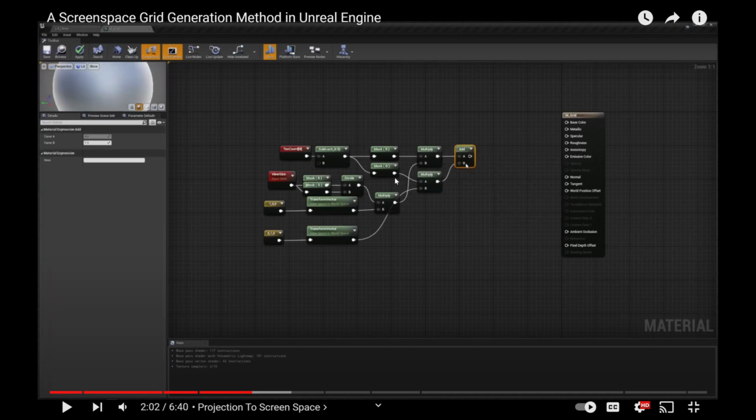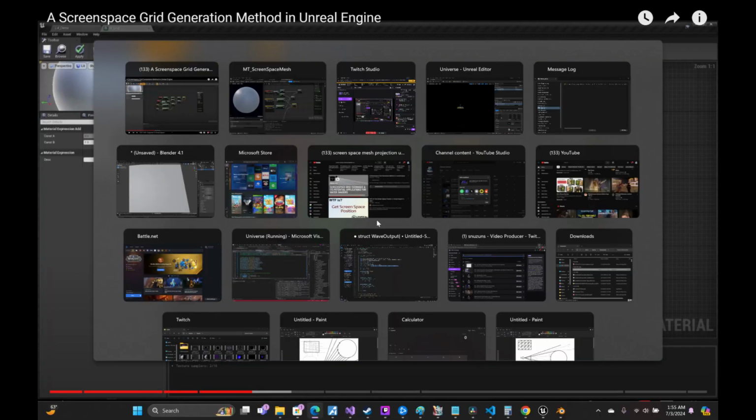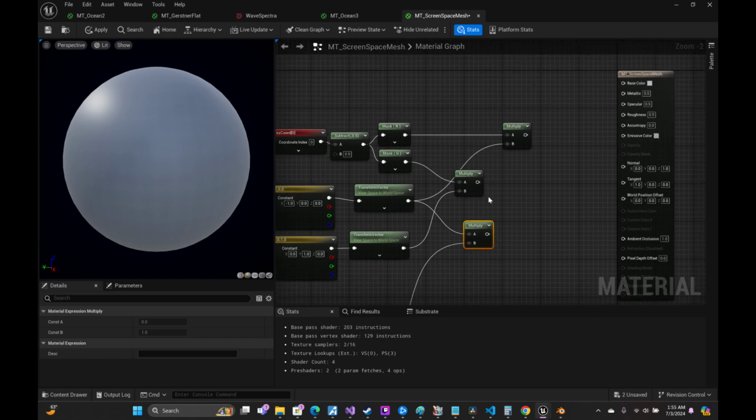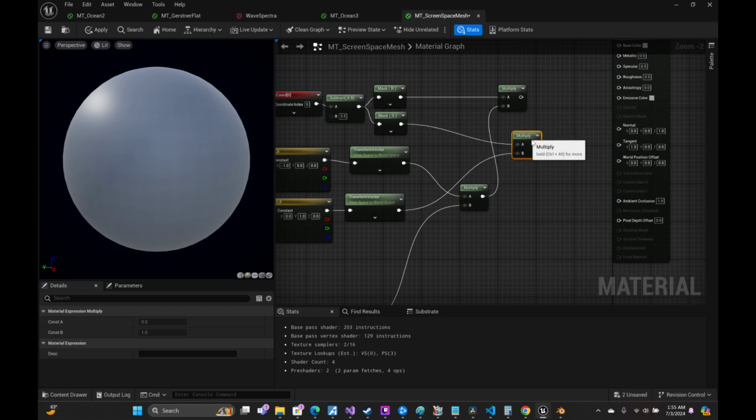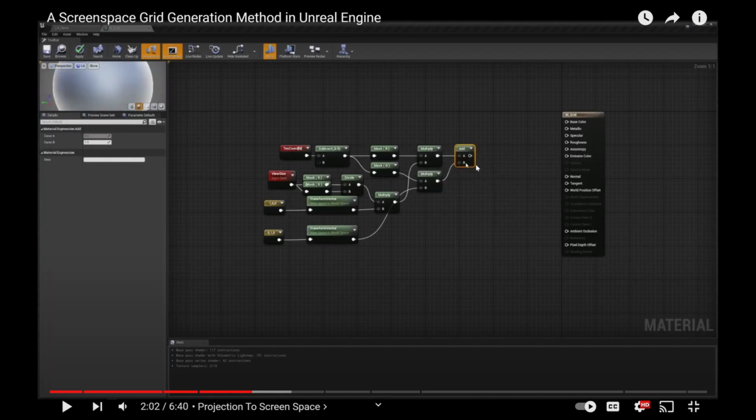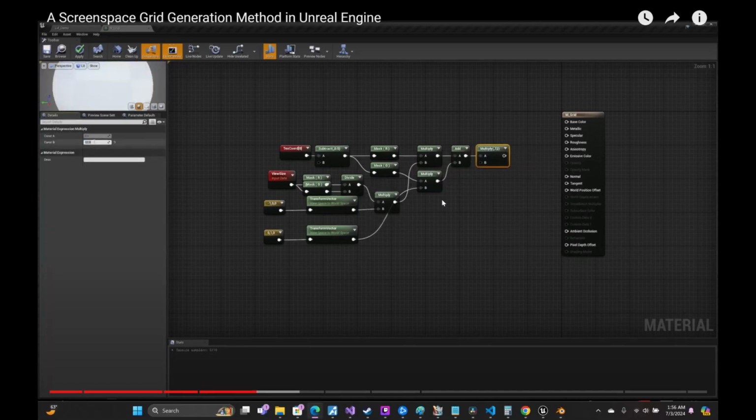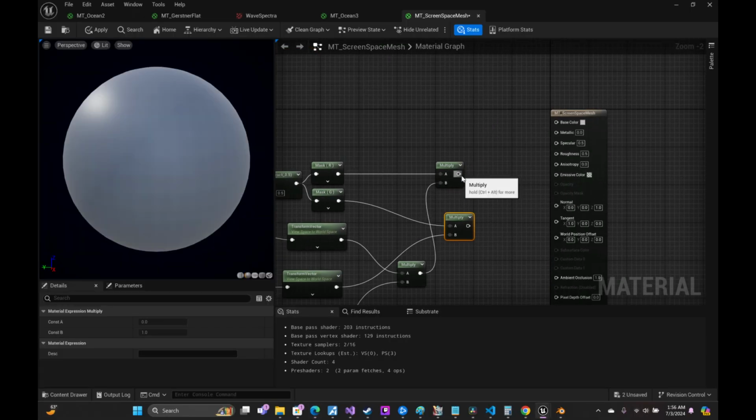The red channel up here is multiplied by the output of this, like this. Add together and multiply by 12.